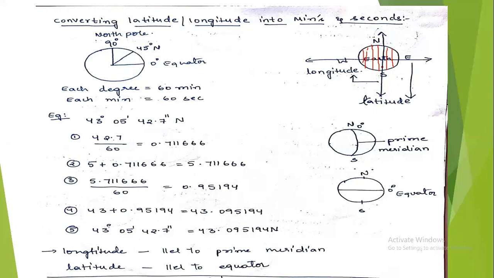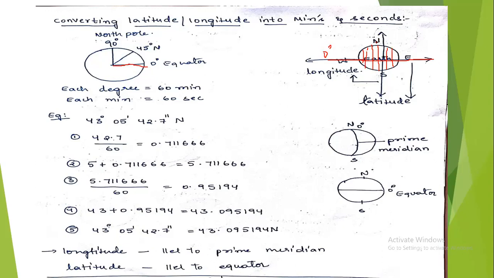This is called the equator. The line which passes horizontally at 0 degrees, this 0 degrees line, is called the equator.